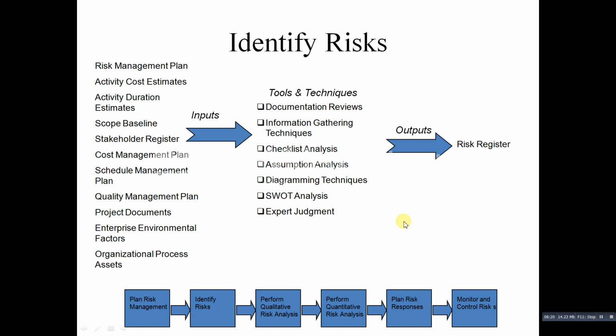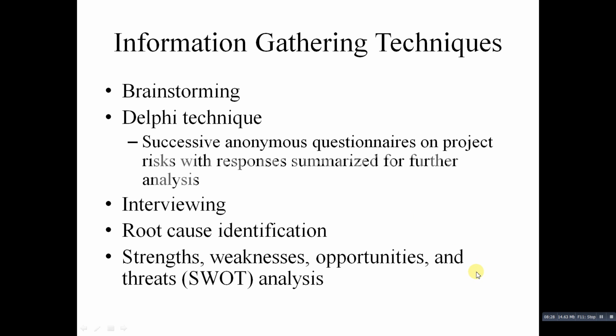In that we are going to see information gathering techniques. There are various information gathering techniques mentioned in your textbook, that is brainstorming, Delphi technique, interviewing, root cause identification and the SWOT analysis.